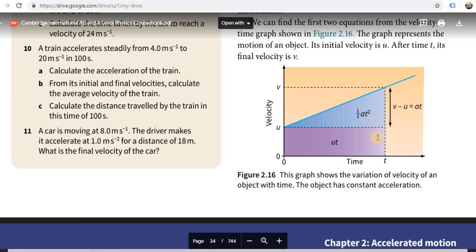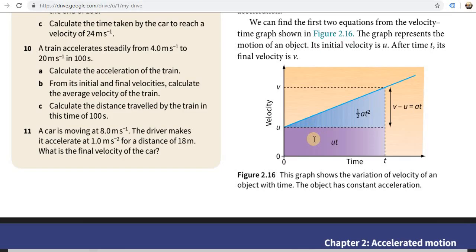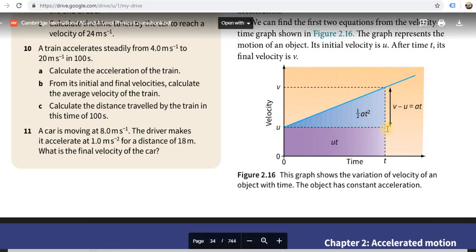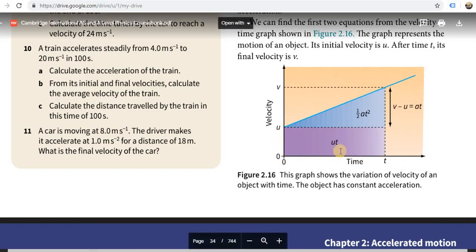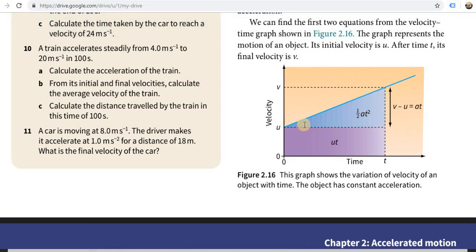Then about the area, the displacement s is equal to ut plus half at squared. After time t, the displacement is this area plus this area. So this area is the area of a rectangle, that is u times t, ut, and this area here is the area of a triangle, that is half into base into height.